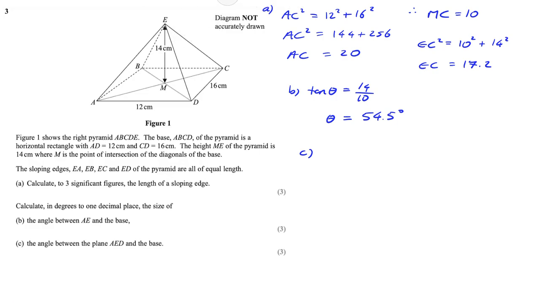Now I'm just going to erase all of this for a second. So just so you understand what's happening here, it's this front plane and the base. The way we do it is we need the line of intersection between the planes. That's this line here, where the planes intersect. And then I need a line along each plane and perpendicular to this.